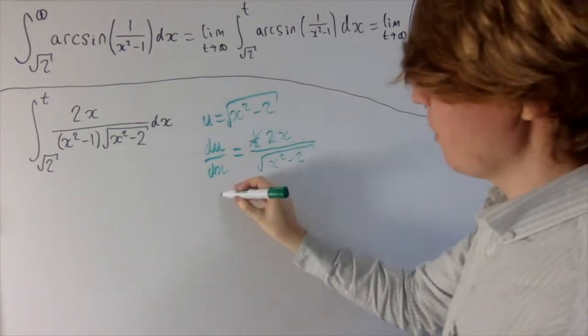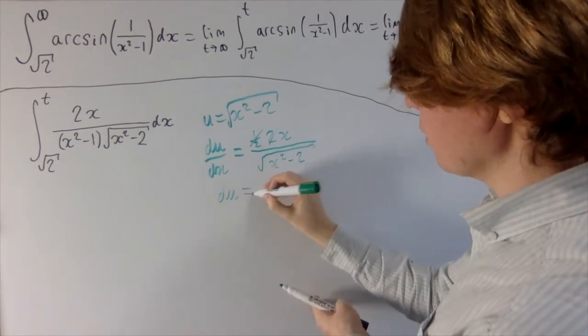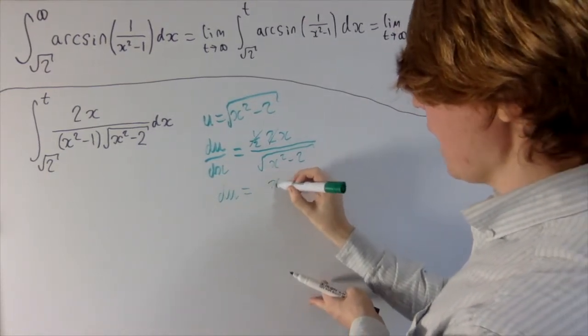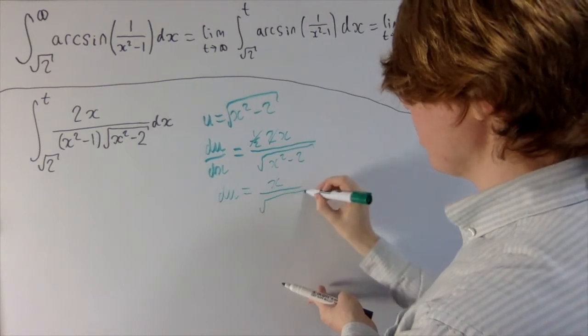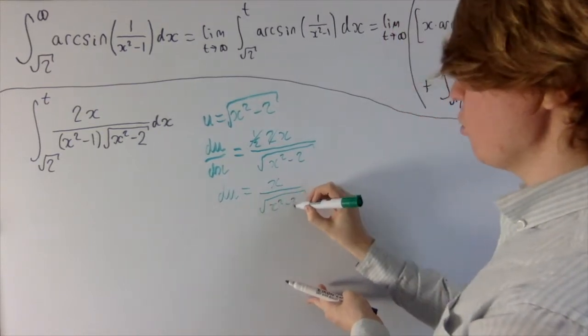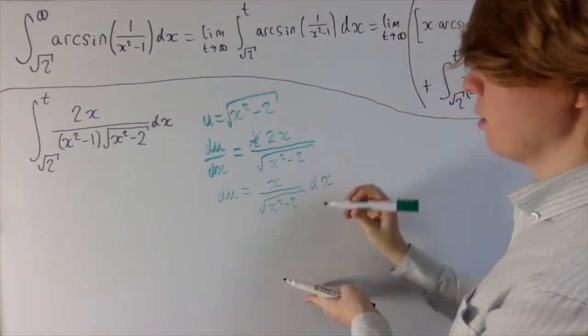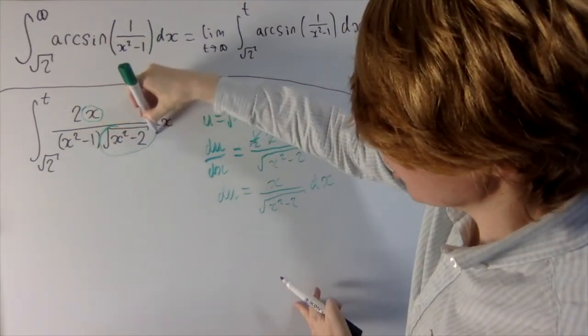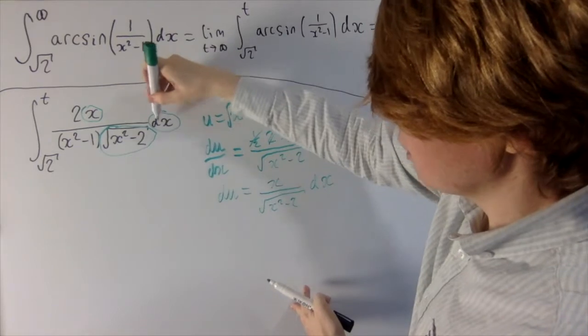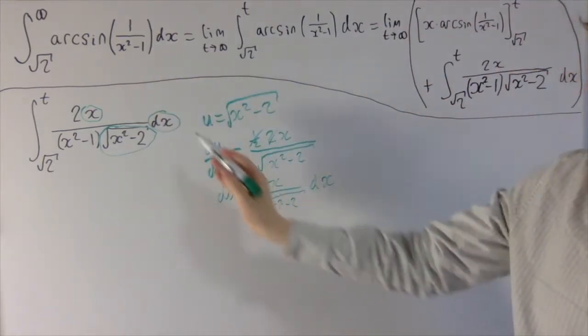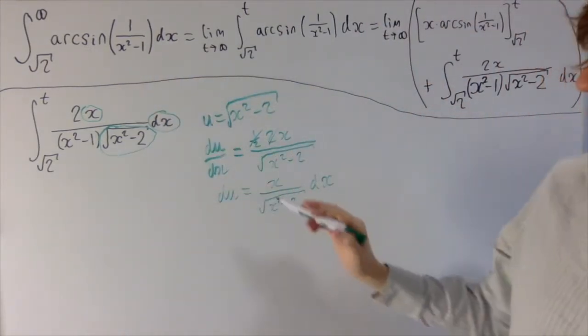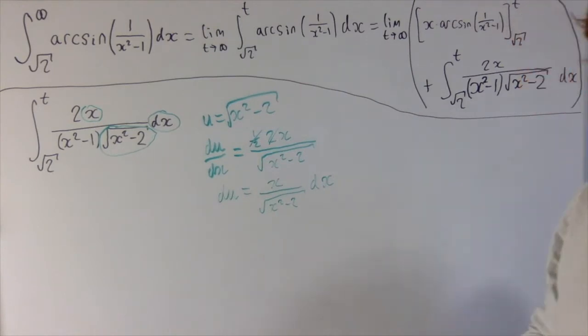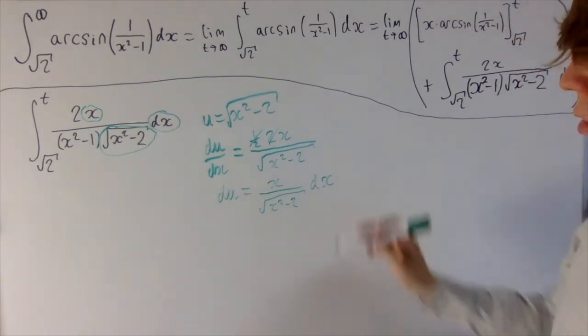But then this is still quite nice because then you can write du is equal to x over root x squared minus 2 dx, which is actually a significant chunk of what we've got in the integrand there. So quite a lot of this will disappear away. So we also need to write x squared minus 1 in terms of u.